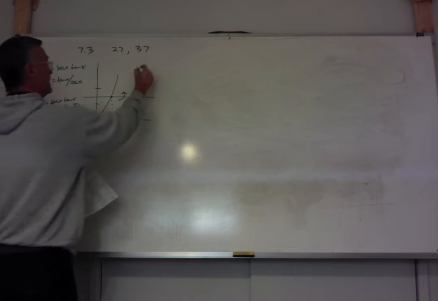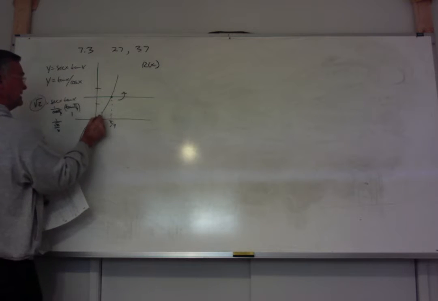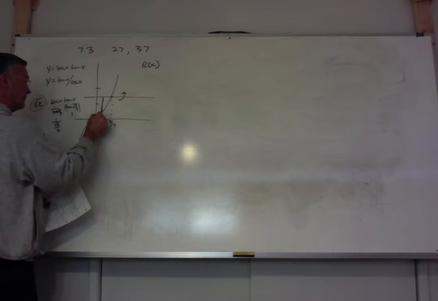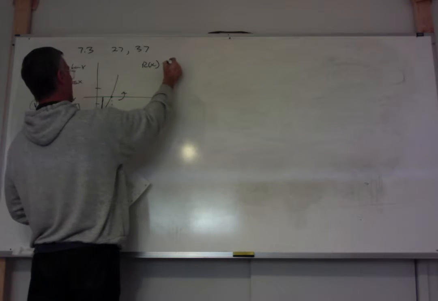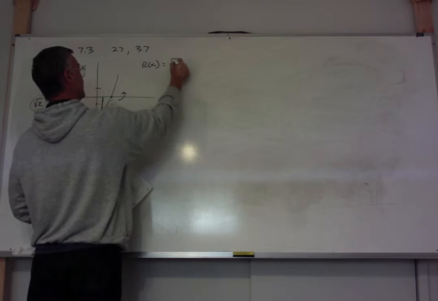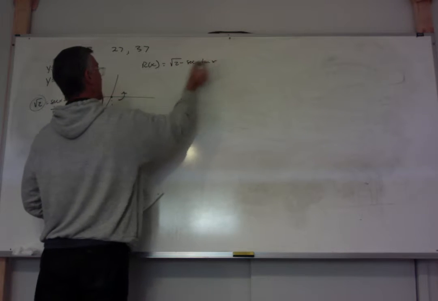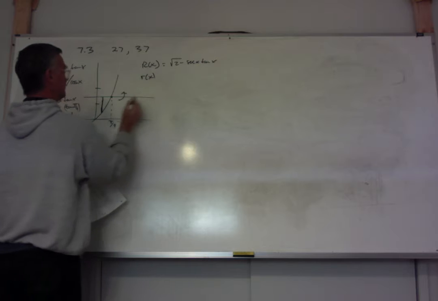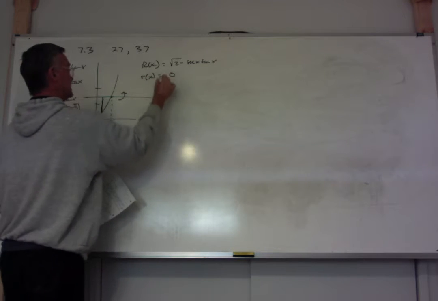And so our big radius here is this distance right here, whatever that would be, and that will be square root of 2 minus secant of x tangent of x. And little r, because we are bounding our axis of rotation, is 0.